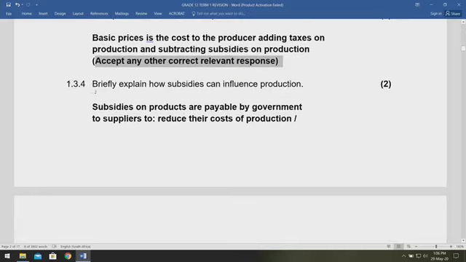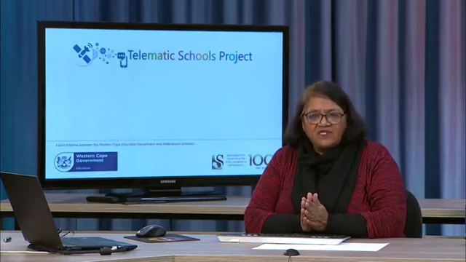1.3.4, briefly explain how subsidies can influence production. Right. So in order to answer this question, I need to understand the meaning of the concept of subsidies.